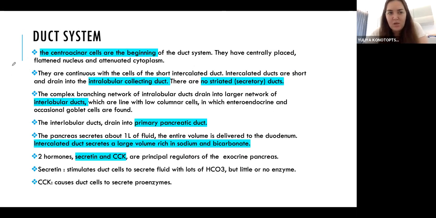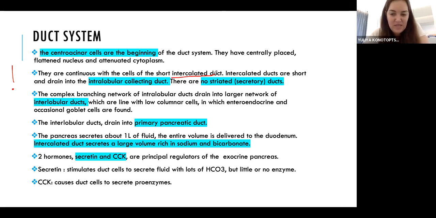Duct system. We have said that the pancreas is an exocrine gland. If it is an exocrine gland, it must have a duct system. So now we have to ask ourselves which kind of ducts are there. The duct system of the exocrine pancreas is very interesting. It's very different. You definitely begin with the intercalated duct.